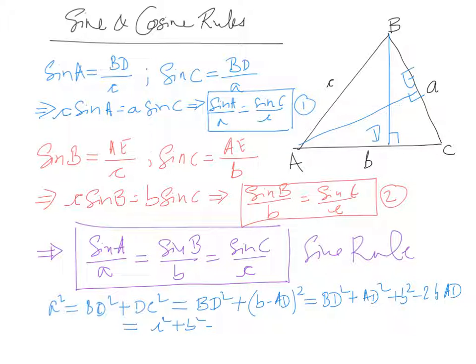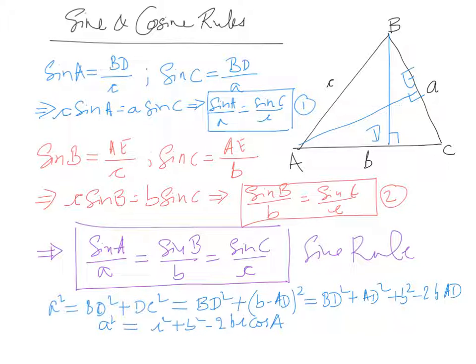And in the right triangle ADB, AD is hypotenuse times cos of angle A, that is small c times cos of angle A. So we get here 2 times small b times small c times cos of angle A. Therefore, we get the first equation of our cosine rule, which says small a squared equals small b squared plus small c squared minus 2bc cos A.